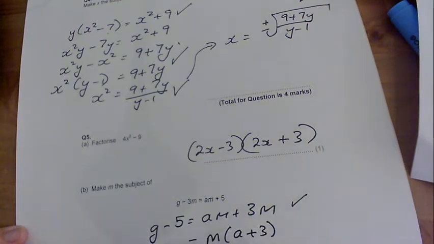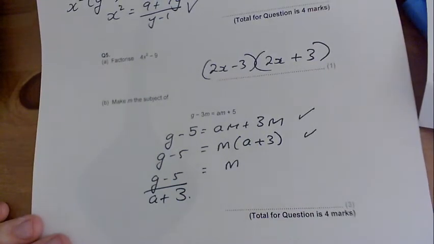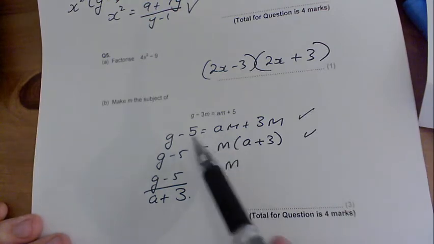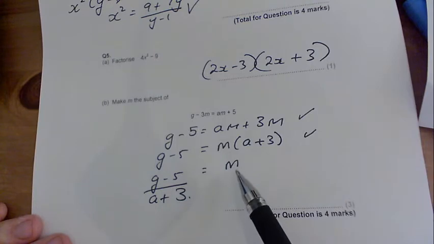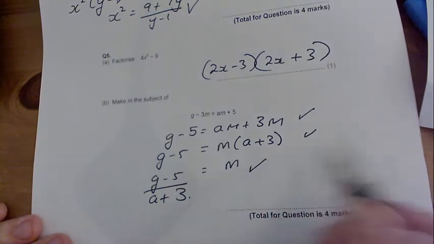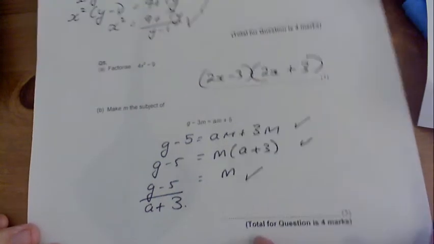There's my second mark. And then I need to divide. Sorry, didn't realize that was out of the shot. So, first take your m's all together to one side, factorize, and divide. Now you'll notice that I took them to this side because I prefer dealing with positives rather than negatives.